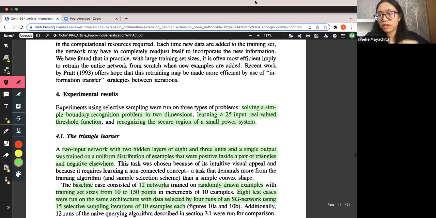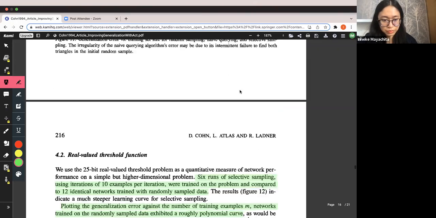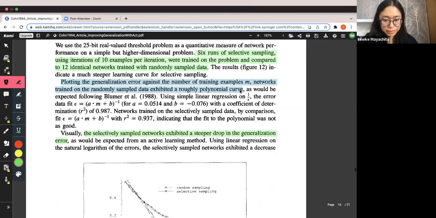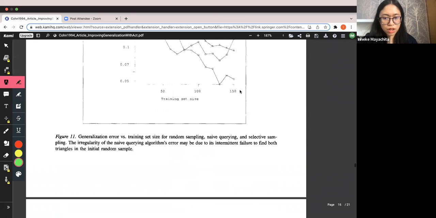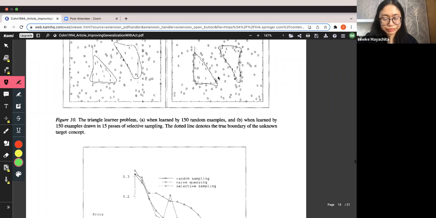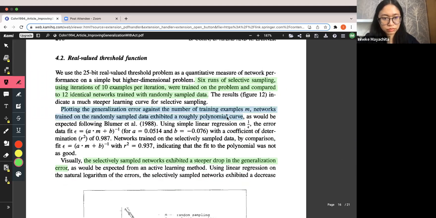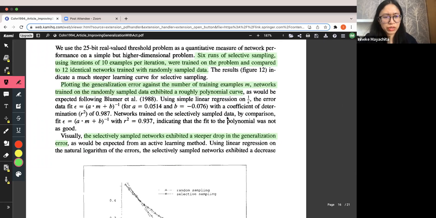Anyway, so well, the second experiment is like, instead of visualizing the concepts learned, they've used this 25-bit real value thresholds.